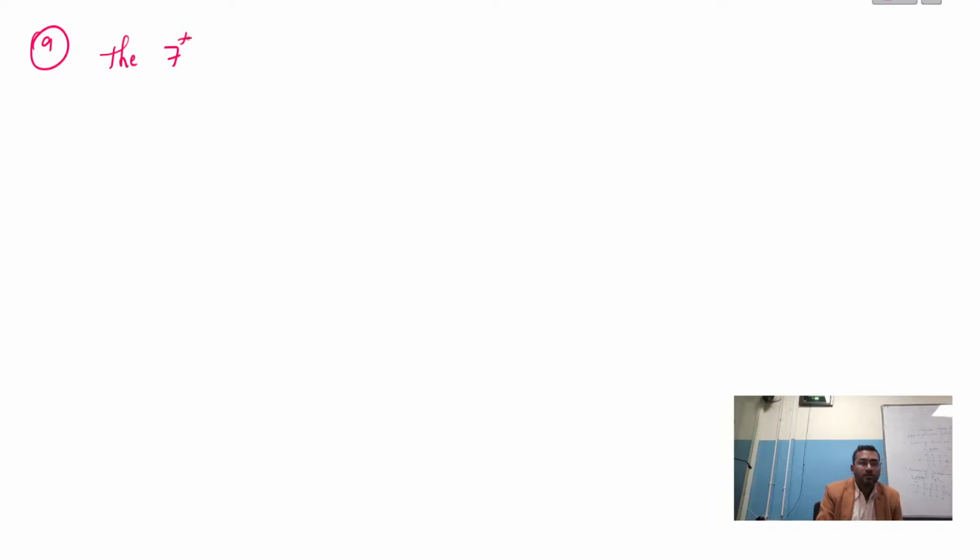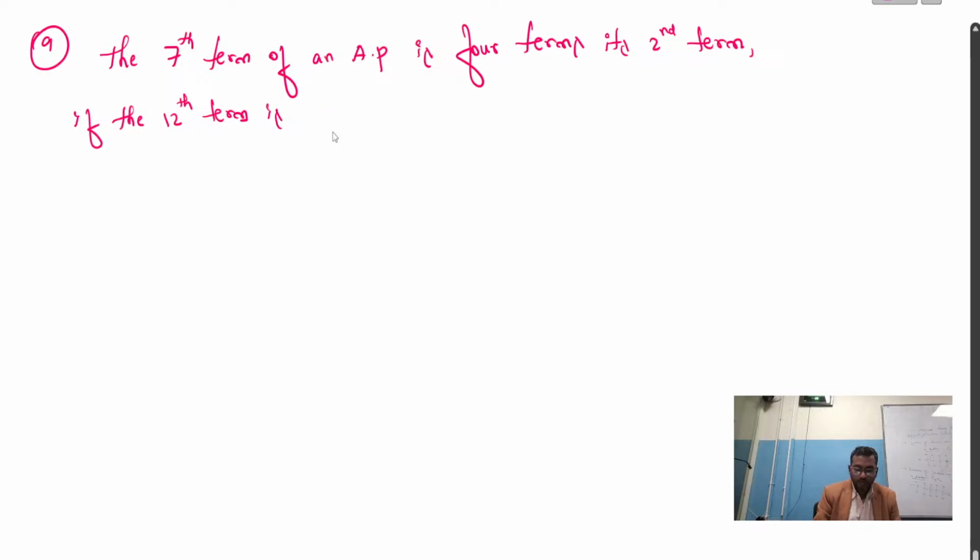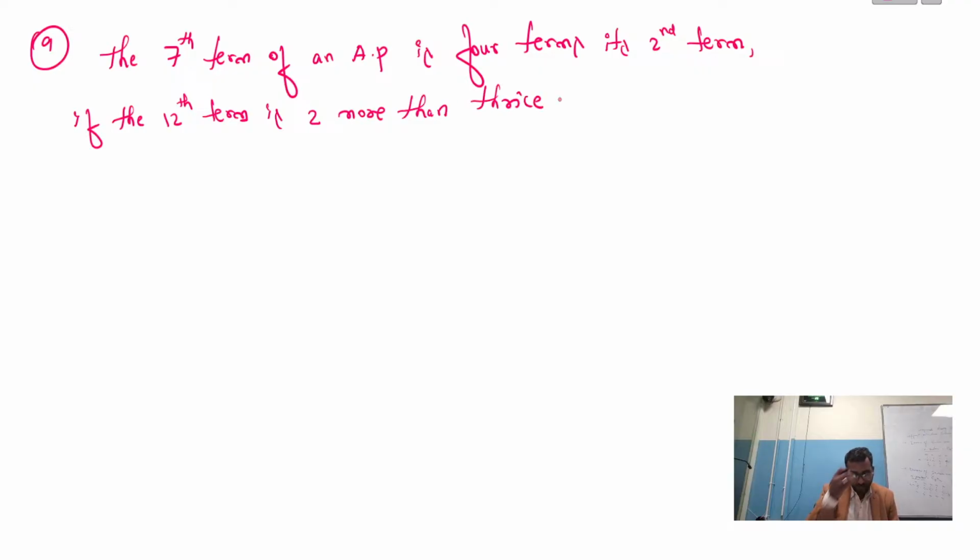The seventh term of an AP is 4 times its second term, if the 12th term is 2 more than thrice the fourth term, then find the AP.